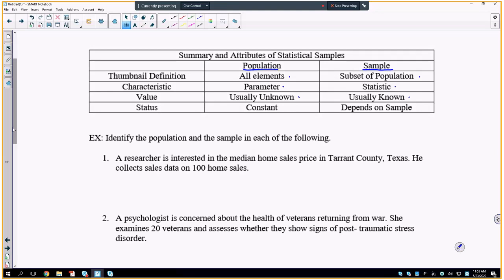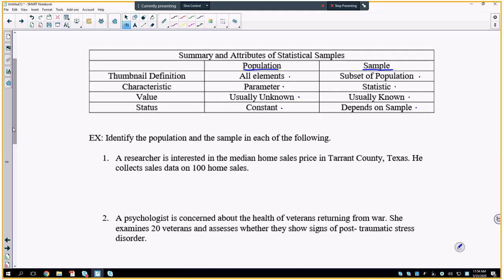And the statistic depends on the sample, because depending on which sample you take, you could get different results. That's what we talk about when we say we need to measure how confident we can be, or how reliable our measurements are. Whereas if you take the measurement for the population, you should get the same measurement every time, so we say it's constant. So this is a summary of the difference between population and sample.